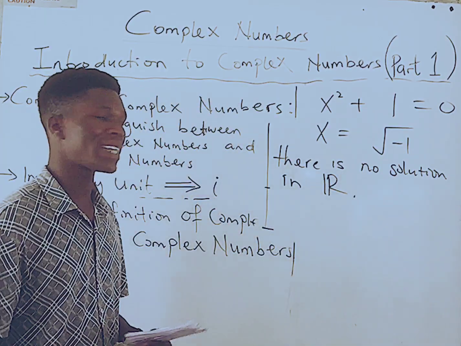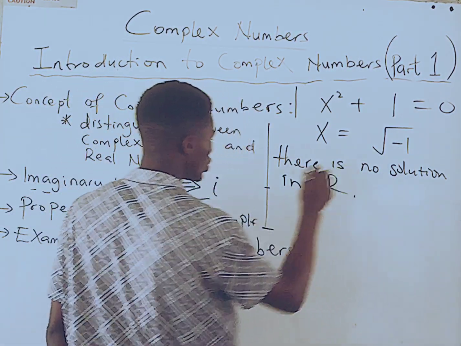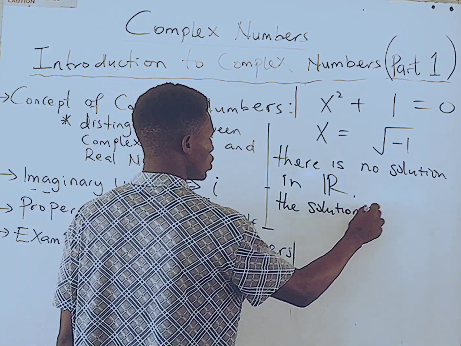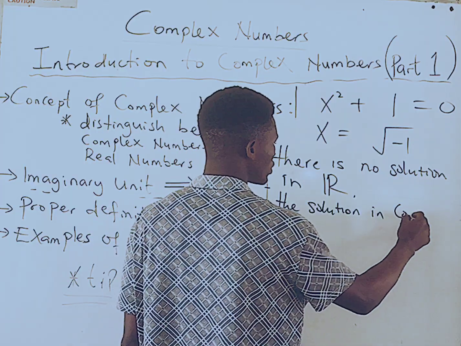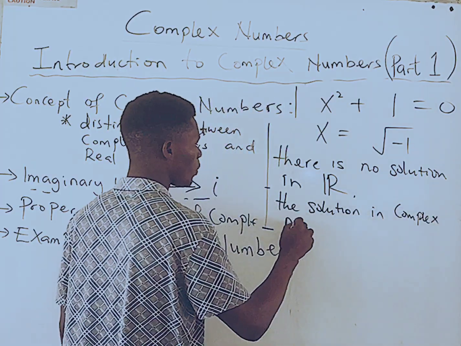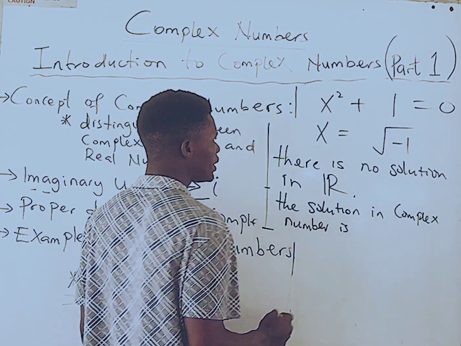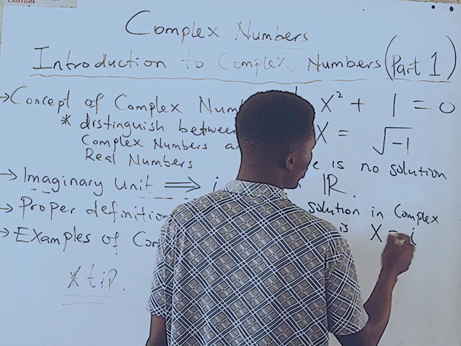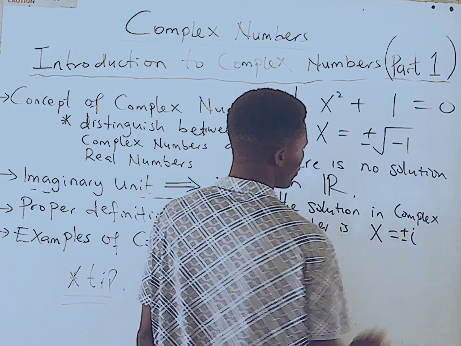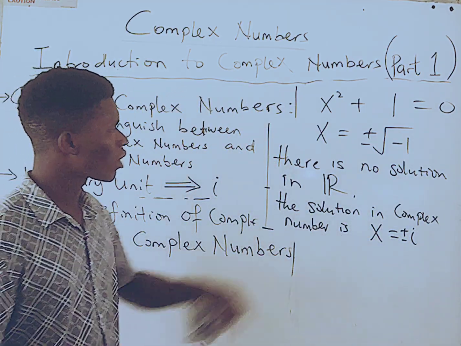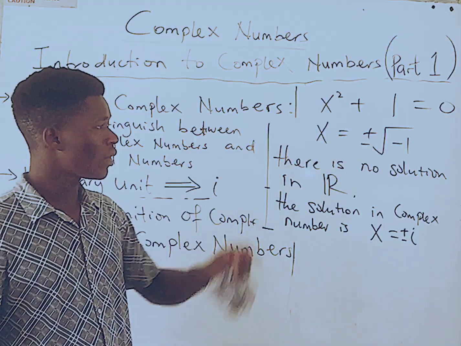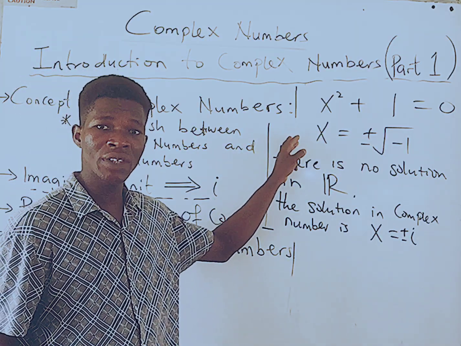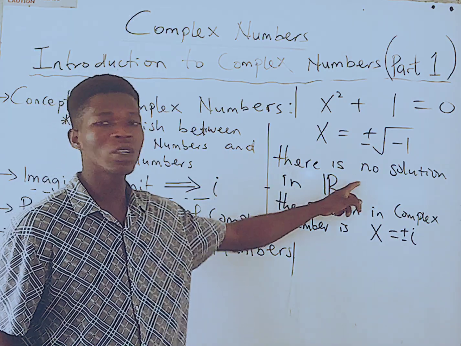We still write that there is no solution in R, and then we also write that the solution in complex numbers is x equals i, or x equals plus or minus i. So this is how you should give answers when you stumble on complex numbers when solving quadratic equations or equations higher than quadratic.